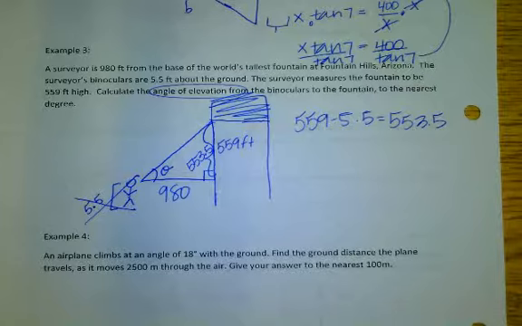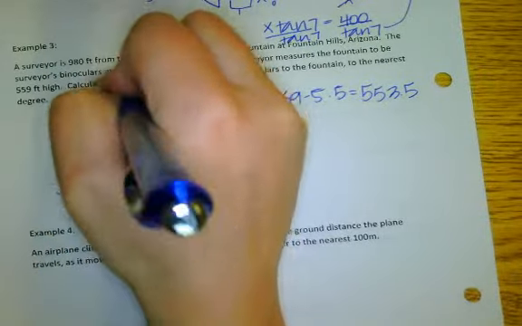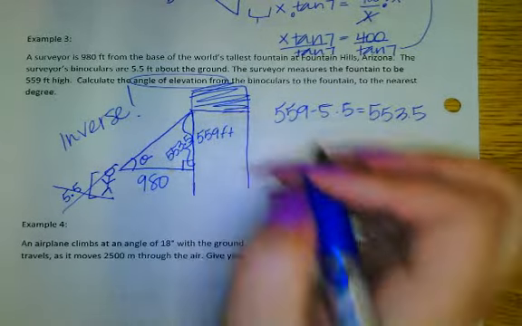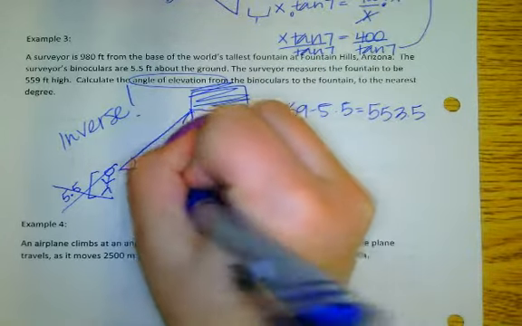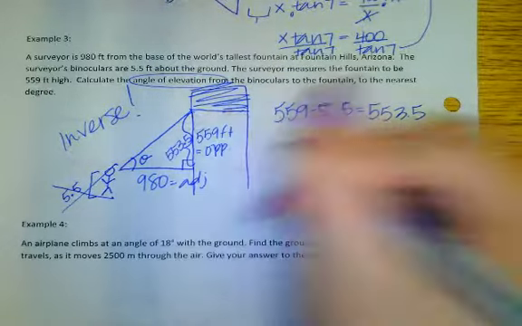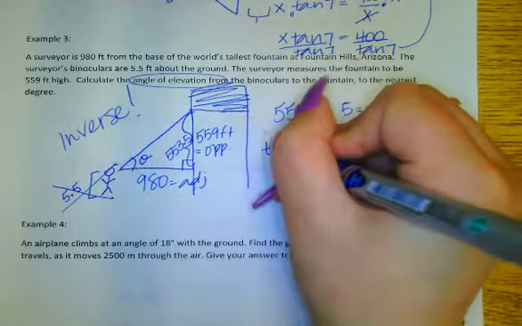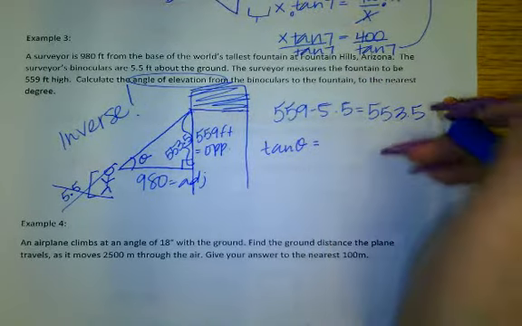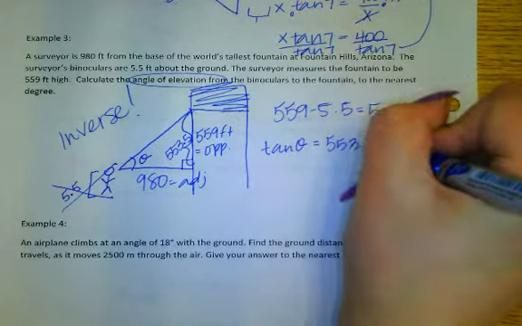Okay, when we're solving for an angle, what are we using? Inverse trig. Okay, 553.5 is what in relation to our angle? Opposite. 980 is? Adjacent. Okay, so what's the trig function? Tangent. So we have tangent of theta equals, what's our ratio? Okay, and how do we rewrite that equation?